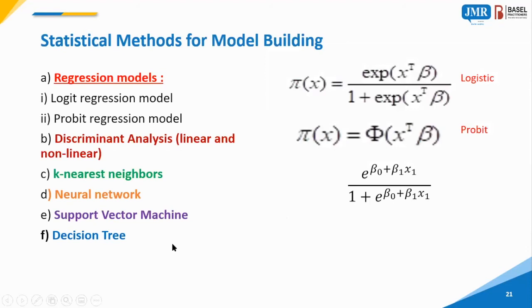Next slide. These are the statistical methods for regression models: probit and logit regression models, discriminant analysis. Then I have given support vector machines and neural networks. Although I am calling them statistical, they are not exactly the traditional statistical methods, because they do not immediately give you a likelihood or probability.